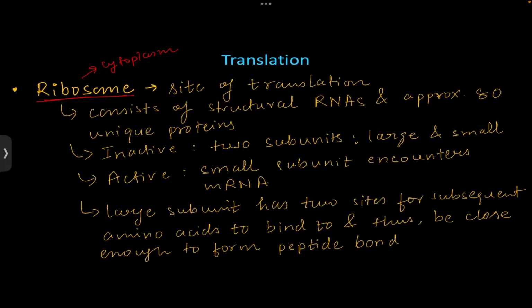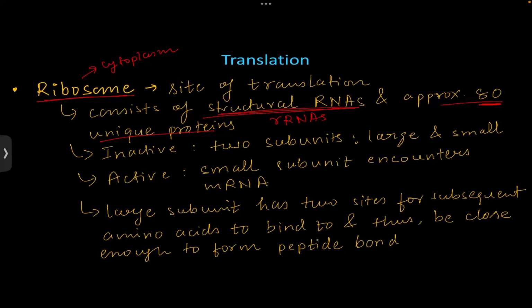Now the ribosome consists of structural RNAs, also called rRNAs, and it also consists of several kinds of proteins. To be approximate, there are 80 different kinds of proteins in ribosomes. Now, in the inactive state, when it is not synthesizing any protein, the two subunits, one small and one large, are apart from each other.